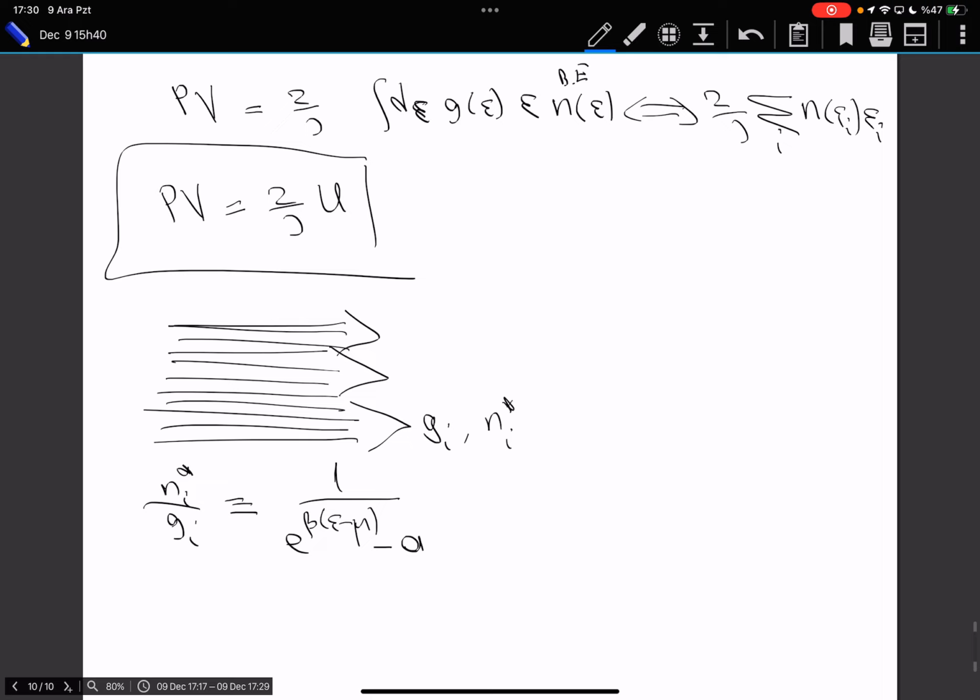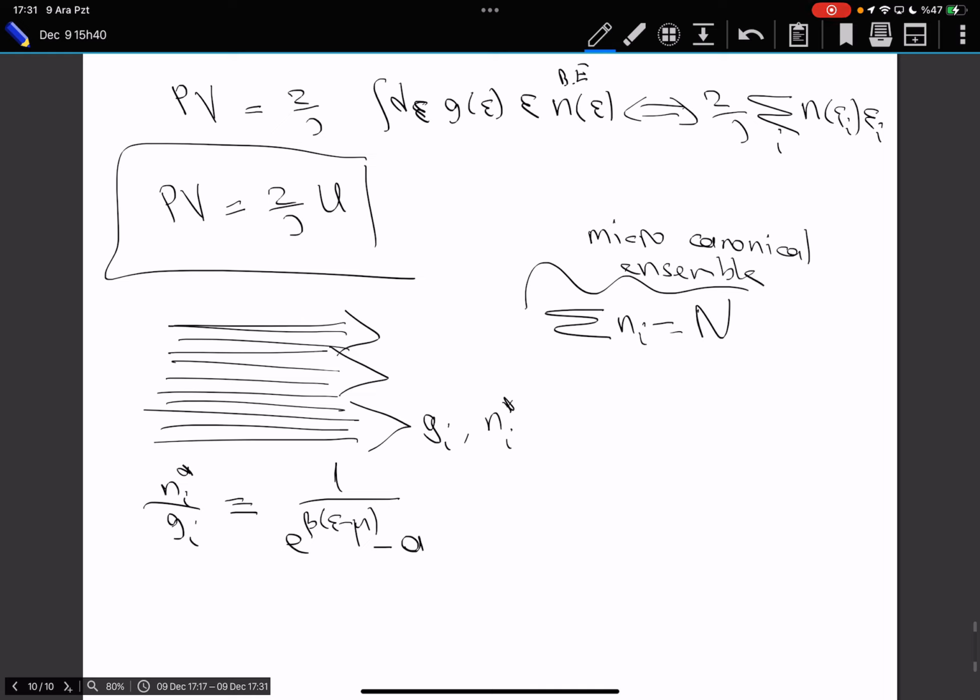Okay, let me clarify this. When I say sum of N_i is equal to N, this is in the microcanonical ensemble.